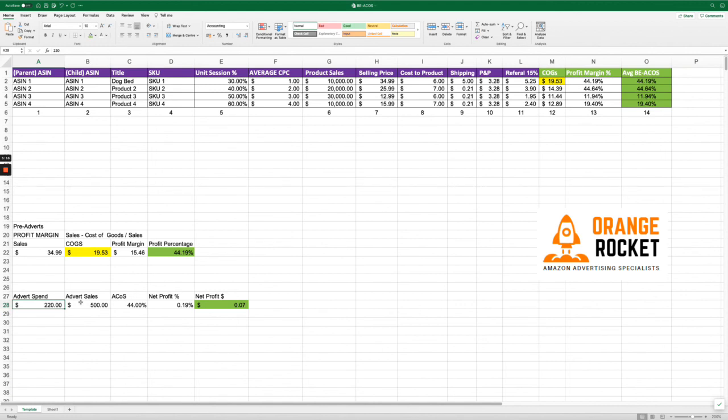So once we go to around 44% ACOS, which is our profit percentage, that's when we get down to net profit of 0, and that's what we refer to as our break-even ACOS. And so anything over that, we'll be making a loss on each sale, and that obviously is not good on a long-term basis.